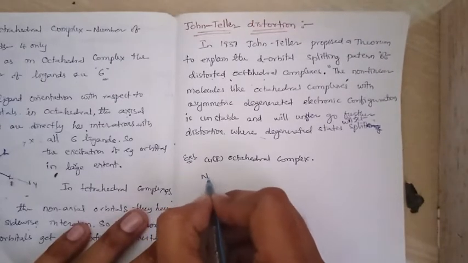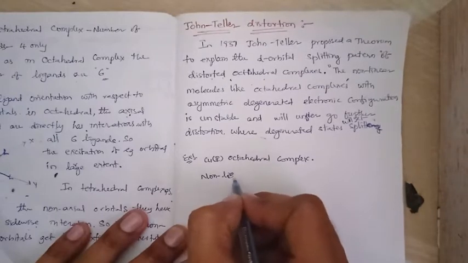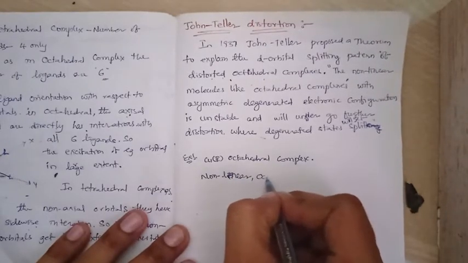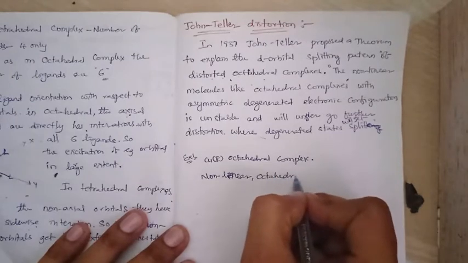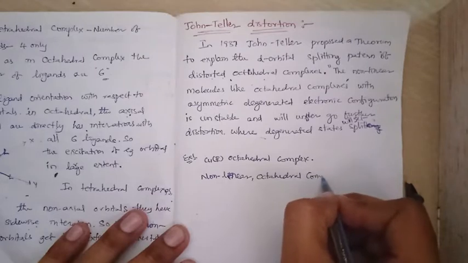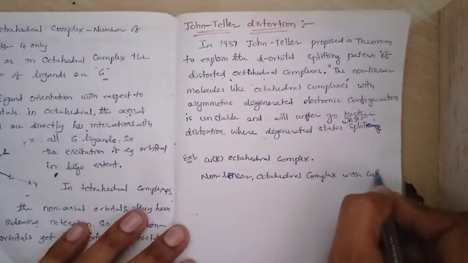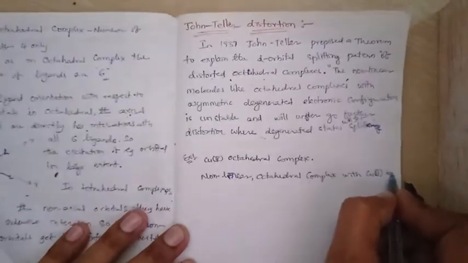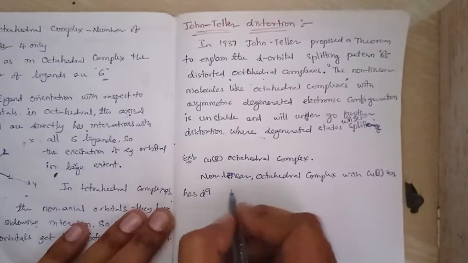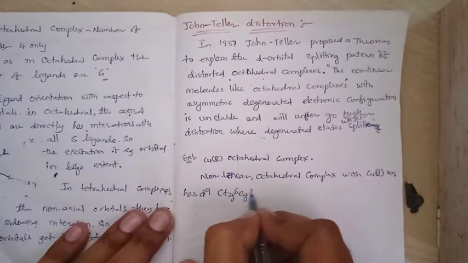A non-linear octahedral complex with copper(II) ion has d9, which means t2g6 eg3.